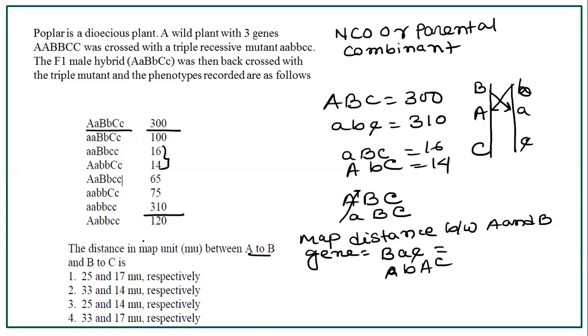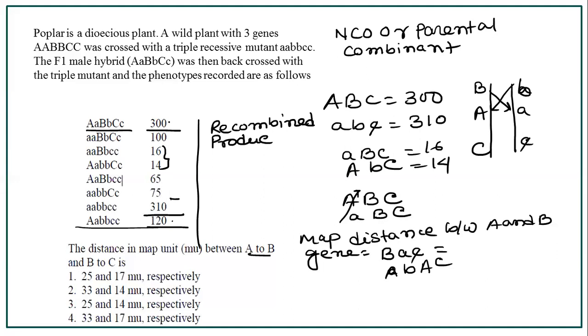Now here you have to assume that 120 is a total one. This is 120, so capital A, small b. These two recombine, one is 120. First of all, here you see the recombined product. This one is the parental combination.